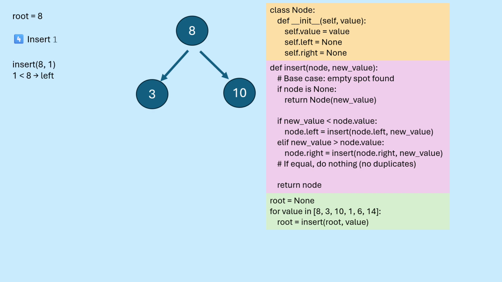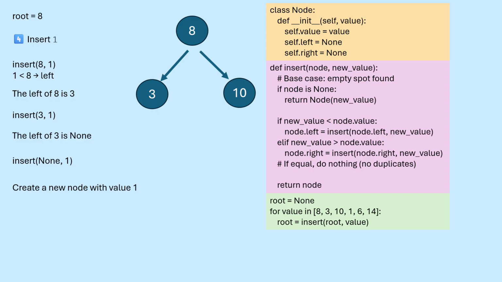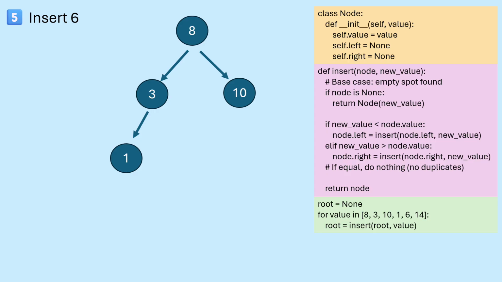If we want to insert the number 1, again we'll look at the left of 8, we get 3. Then we look at the left of 3, we get none. So we know that 1 is going to be inserted to the left of 3. We do the same for number 6. Well, insert 8, 6. Well, 6 is smaller than 8, so we go to the left.